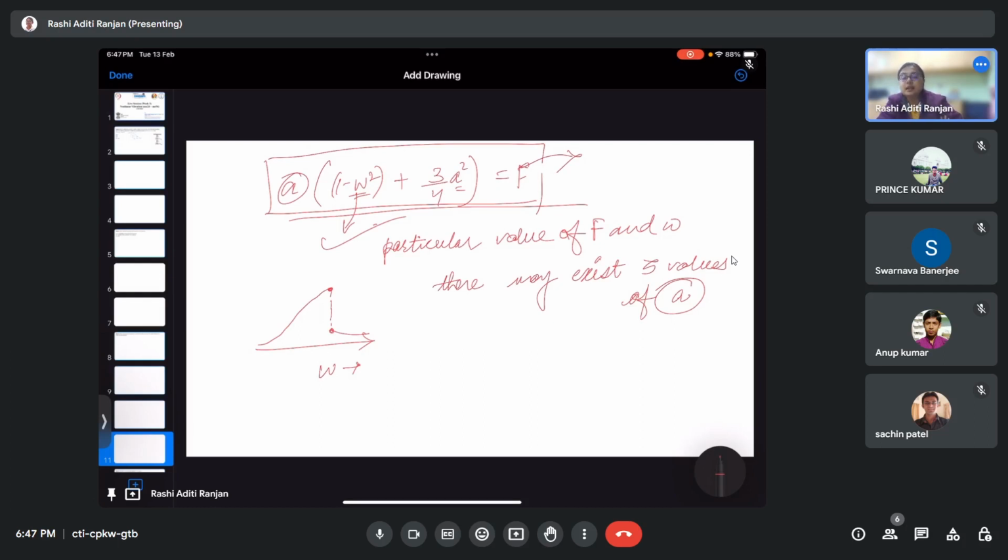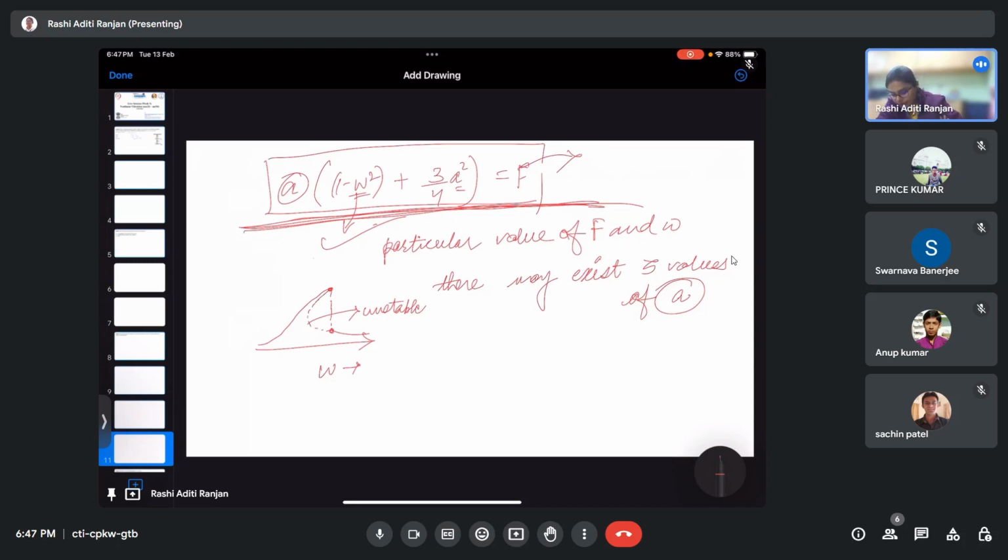And this is the reason why it occurs. This expression is going to tell you because it has three values. Essentially, the curve goes like this. This is the unstable branch, which means that the system is never going to attain these values of amplitude.